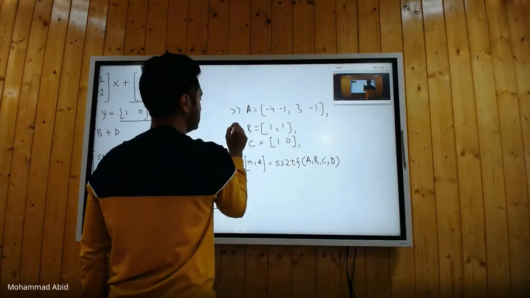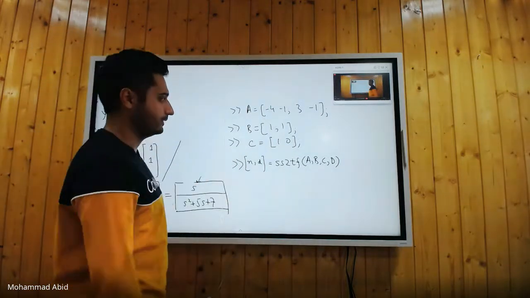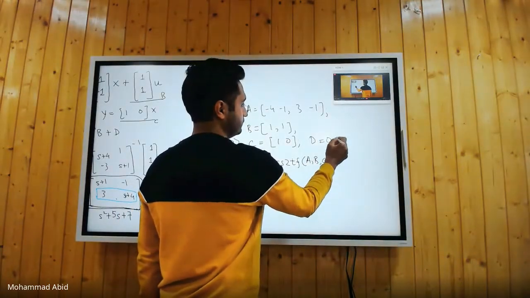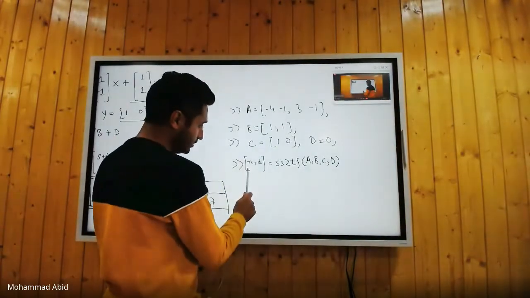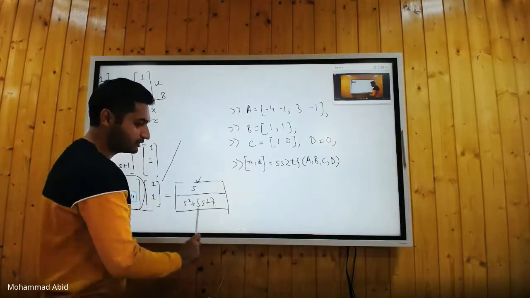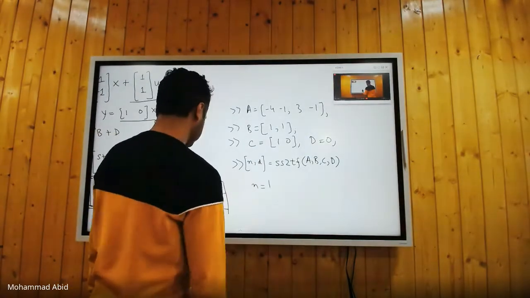These are the three commands. When you store A, B, C, you type this command, with D as 0, since this information is not given. MATLAB will then give you the coefficients of the numerator polynomial and the coefficients of the denominator polynomial.